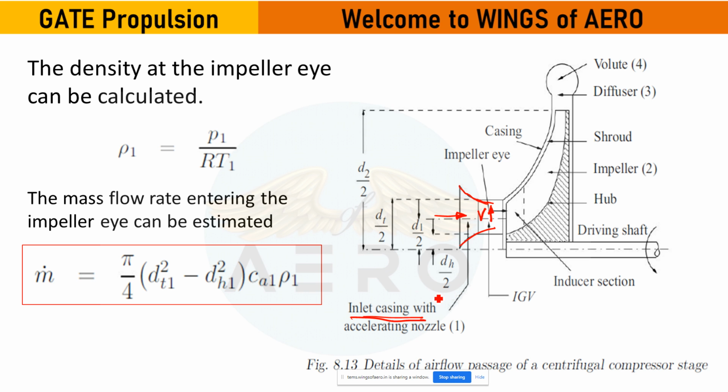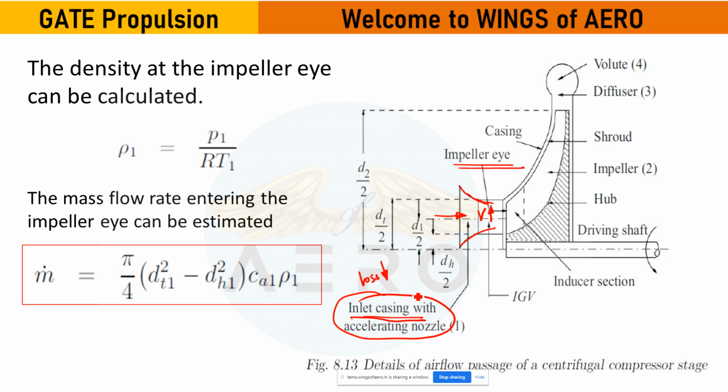When they design this inlet casing, they have to keep in mind that there should be minimum losses. Losses should be lower. That is the main criterion. In this inlet casing there won't be energy transfer. Energy transfer will begin from the impeller eye.